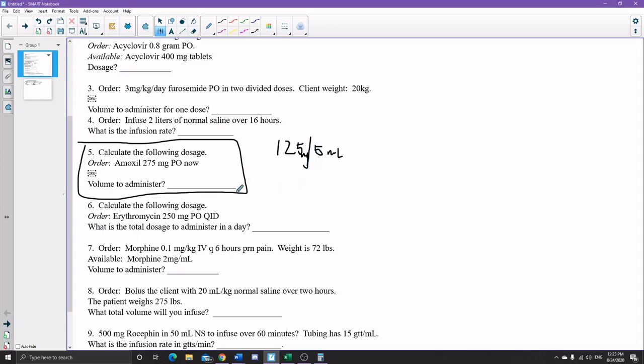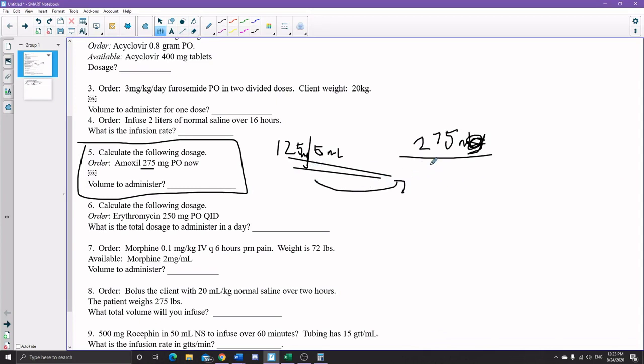Okay? And we need 275. So all we do is 275 mg. And then take this one, and we... Oh, what was I doing?